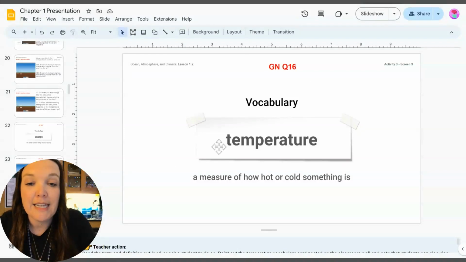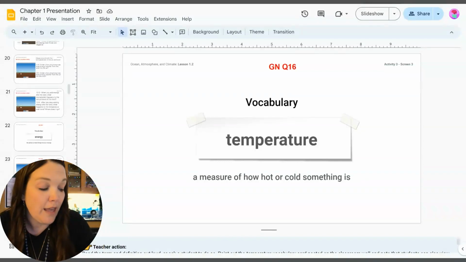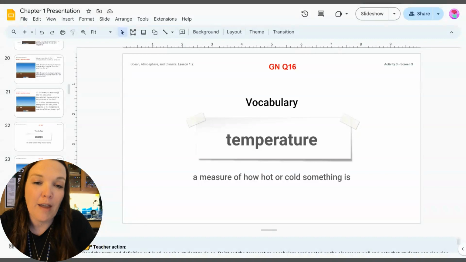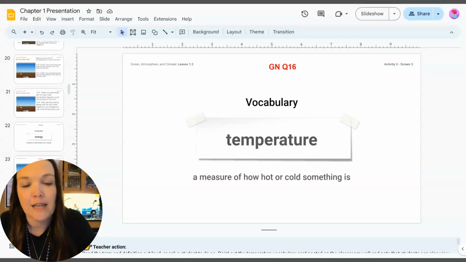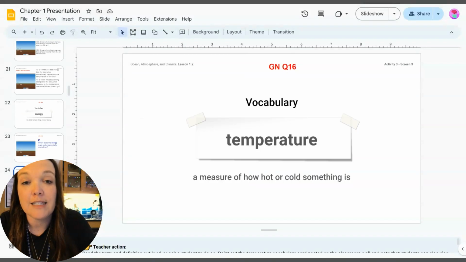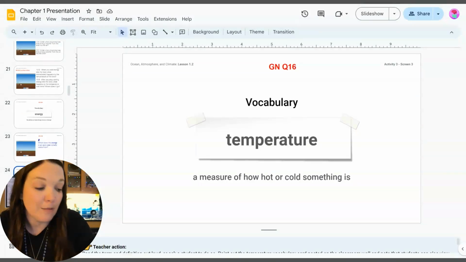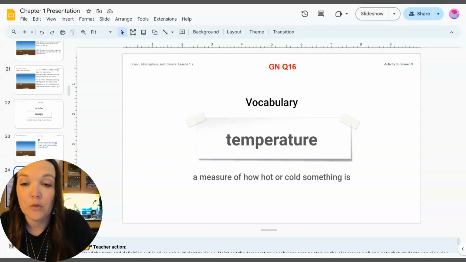Guided notes question 16, get this written down, a measure of how hot or cold something is. Temperature is also the average kinetic energy in a substance. So the more kinetic energy it has, the more movement there is and the warmer it is. The less kinetic energy there is, the less movement there is of the molecules.